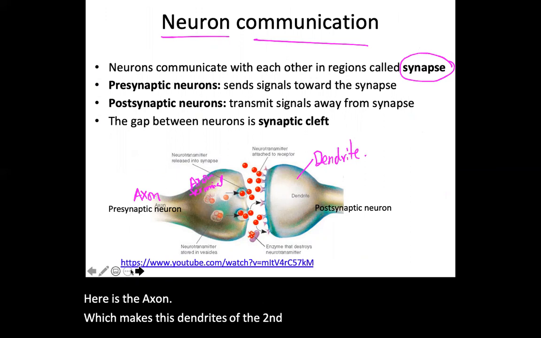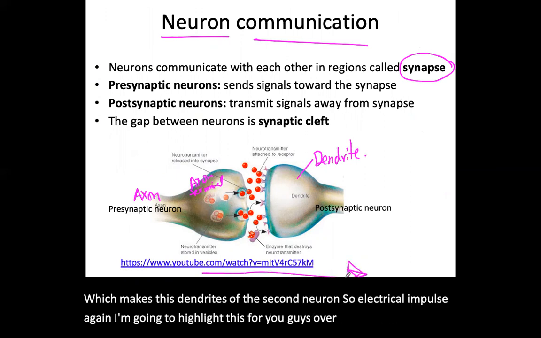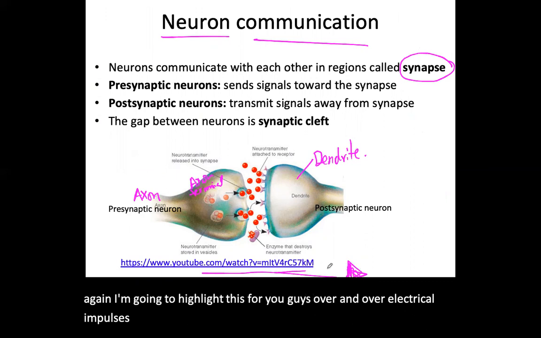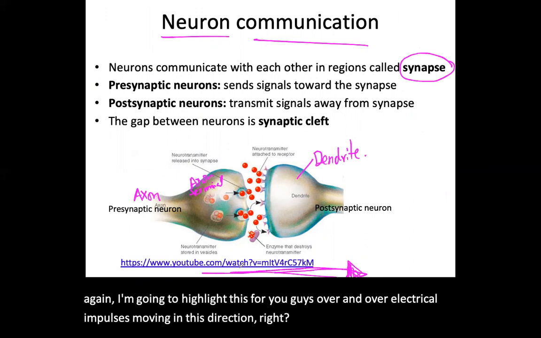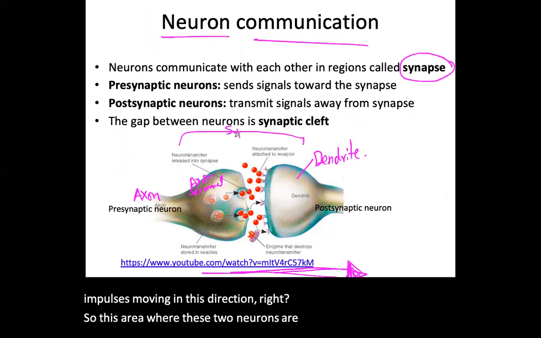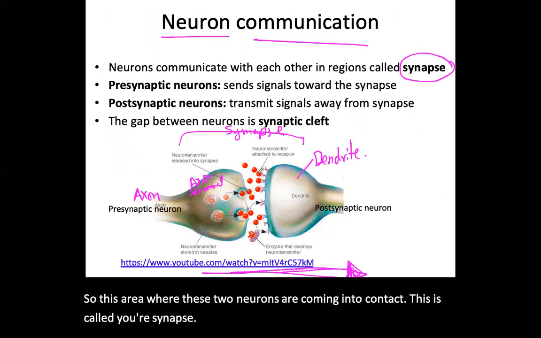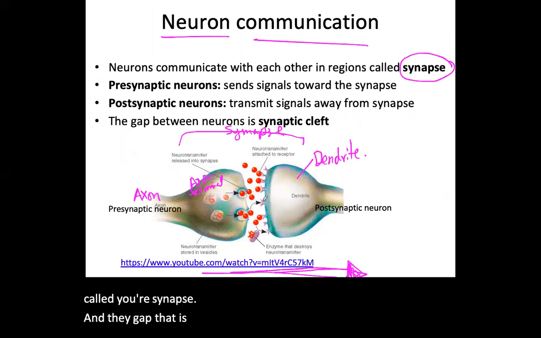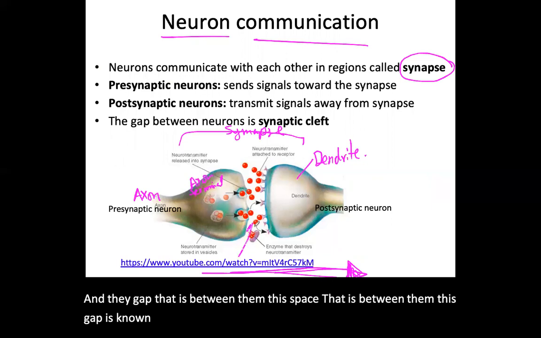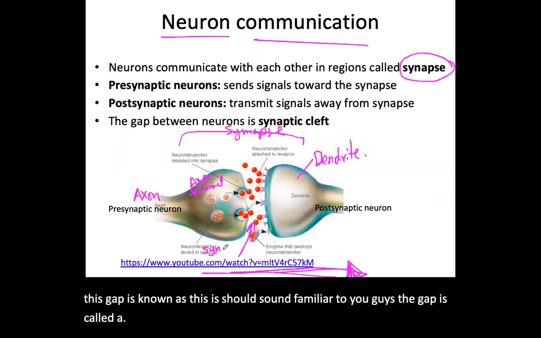The electrical impulse, again, I'm going to highlight this for you over and over, is moving in this direction. So this area where these two neurons are coming into contact is called your synapse. And the gap between them, this should sound familiar to you guys, is called the synaptic cleft.